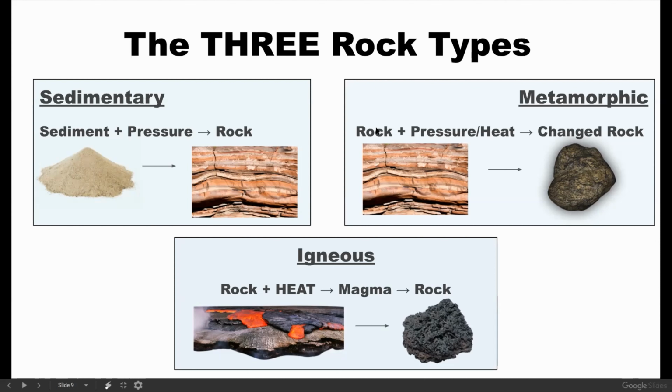You have rocks, and you add pressure or heat, and that's going to change the rock. That's a metamorphic rock. You can have igneous rocks that when you have rocks plus heat, they become magma, and then the magma cools to become rock. So 3 different types of rock, and we're going to look at all 3 of them during the next few units, few lessons.